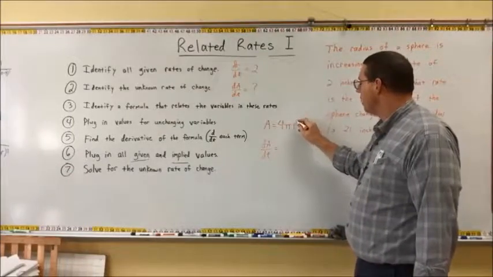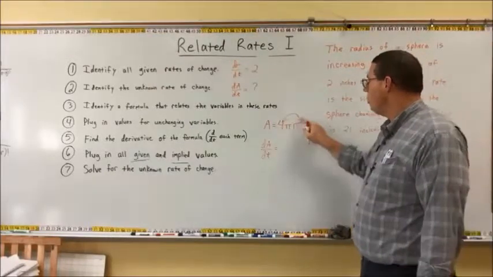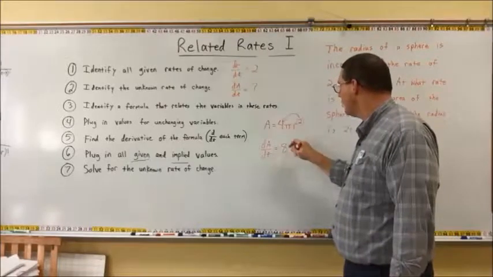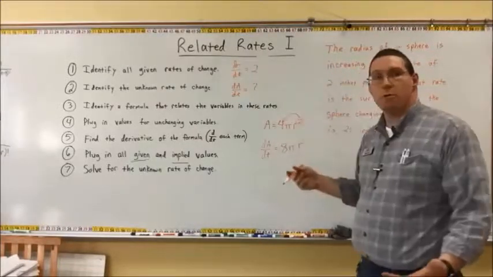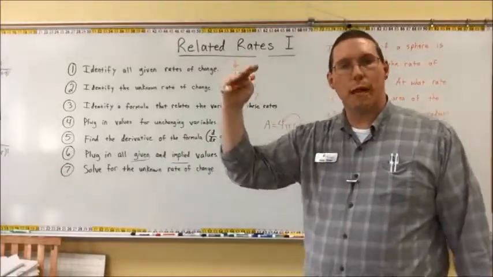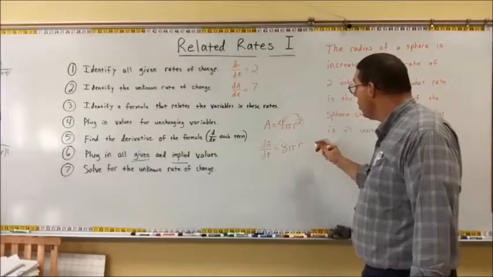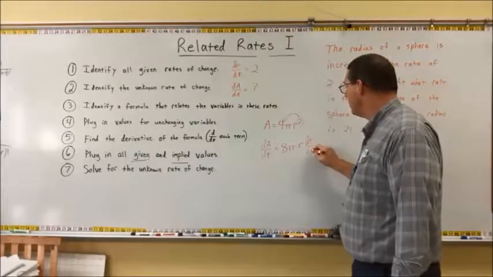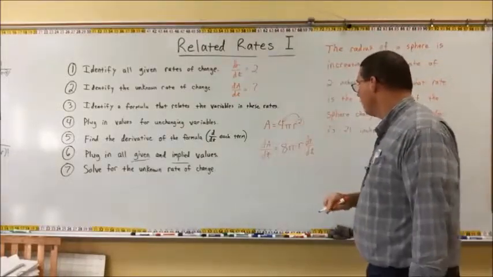Well, remember, we have to take our exponent and multiply it by the coefficient. What's 2 times 4? That's 8. So it's 8 pi r, and our power goes down by 1. Our power goes from 2 down to 1, r to the first power. Then we have to put on our conversion factor, dr/dt. And there's our derivative of the surface area formula.